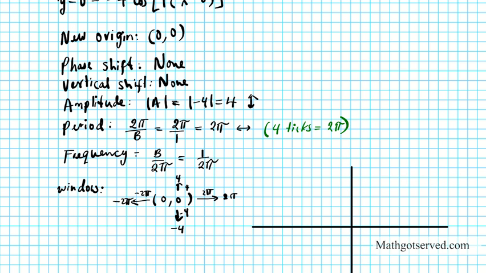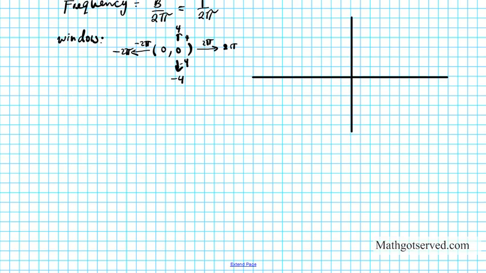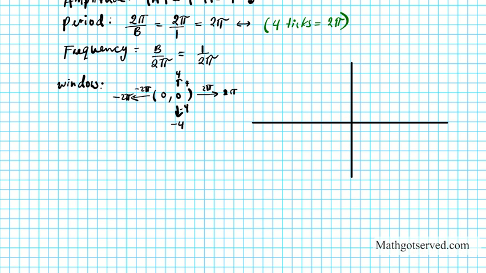Alright, let's calibrate our axis. We're going to have 4 tick marks equals a period. So let's use 2 boxes for a tick mark in this example. So we'll have 1, 2, 3, 4. That's 2 pi.